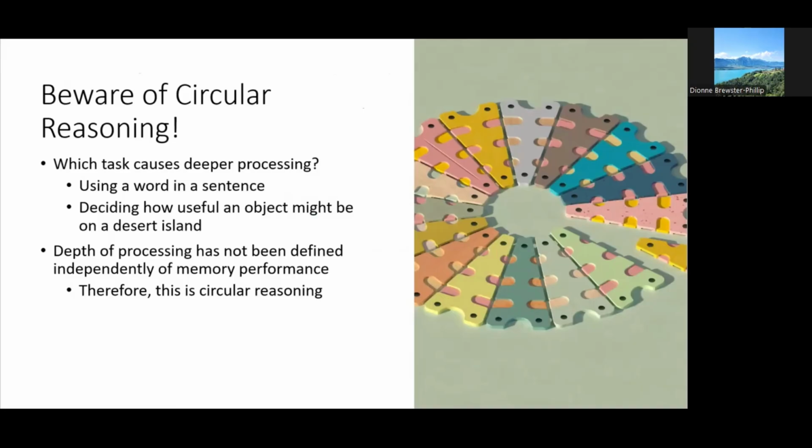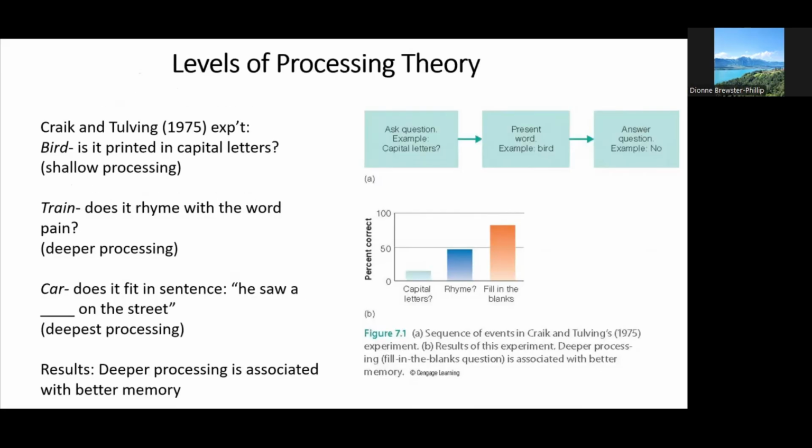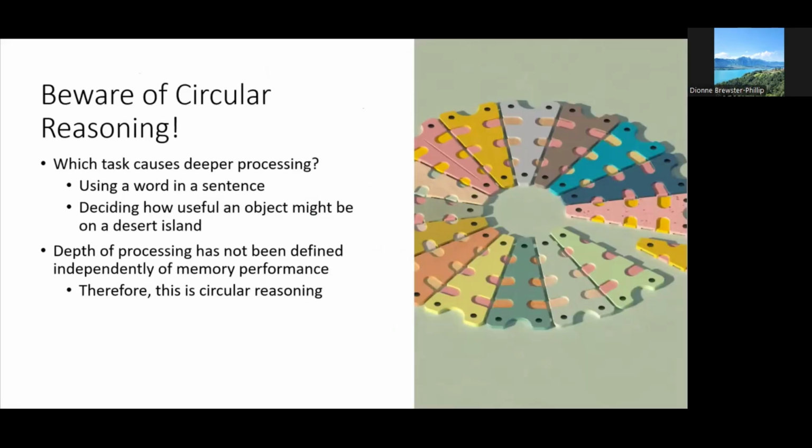Although Craik and Tulving identified, for example, rhyme as a deep level of processing, but not as deep as the fill in the blanks, there was no objective way to distinguish one as being deeper than the other, okay? And we can see how that could be a bit problematic.